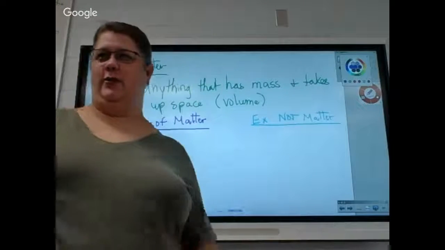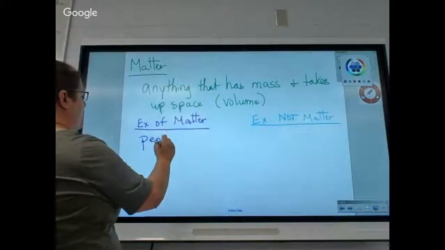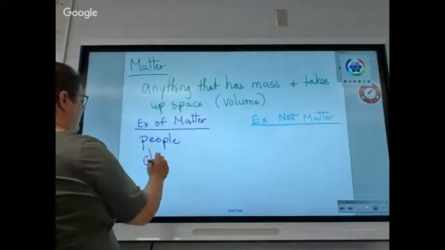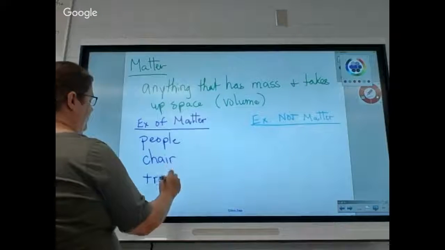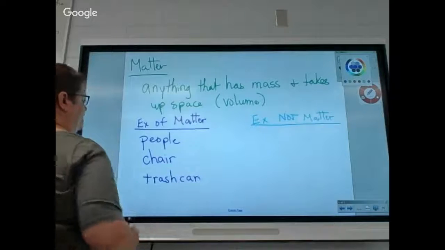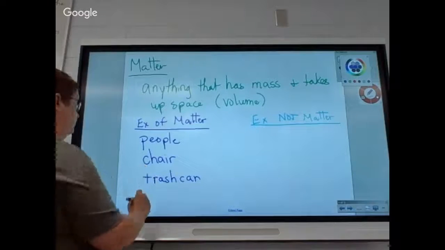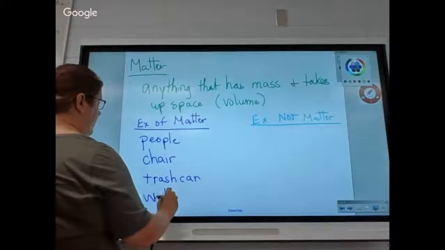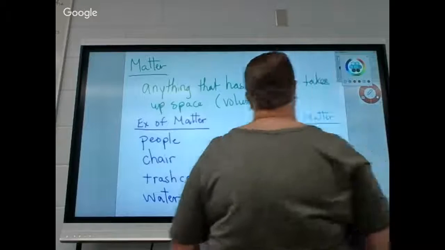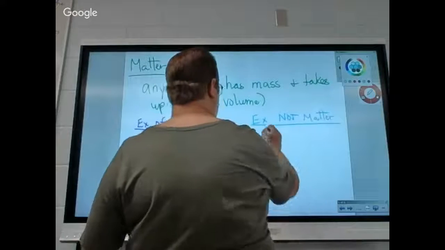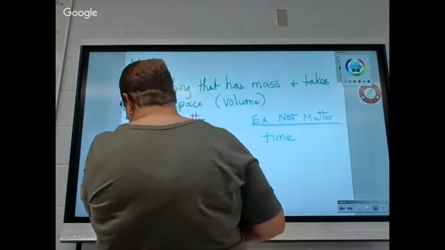Give me 3 or 4 things that are matter. I heard chair. Trash can. People. Water. All right. Give me some examples of things that are not matter. Time. Okay. Yes, you gotta think about this.